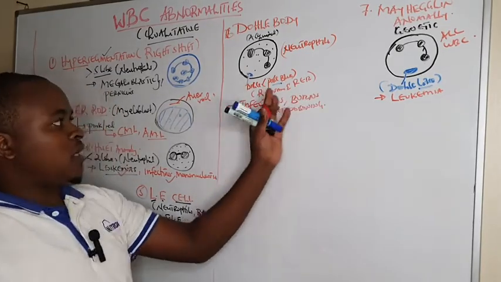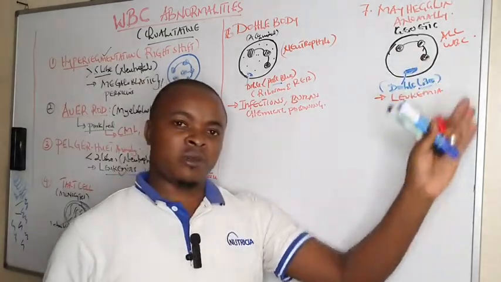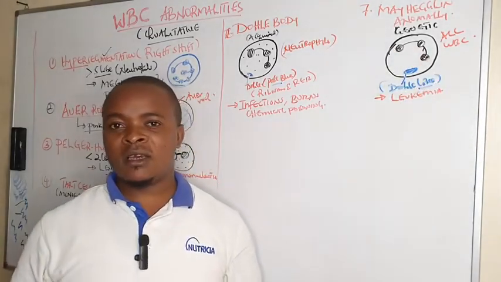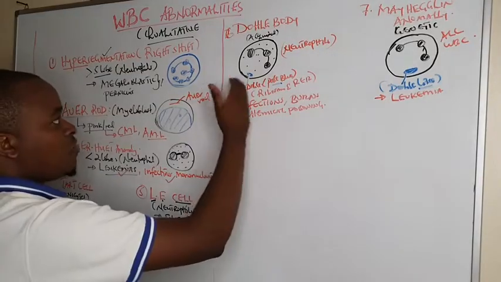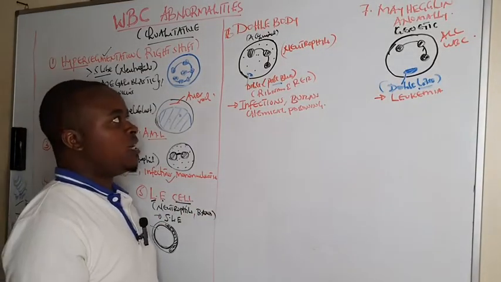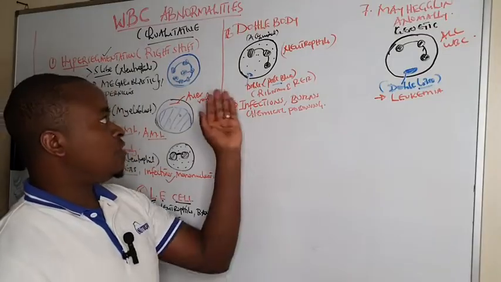But all of them are due to polymerization of ribosomes and rough endoplasmic reticulum. So this is how you can distinguish between a May-Hegglin anomaly and a Döhle body.